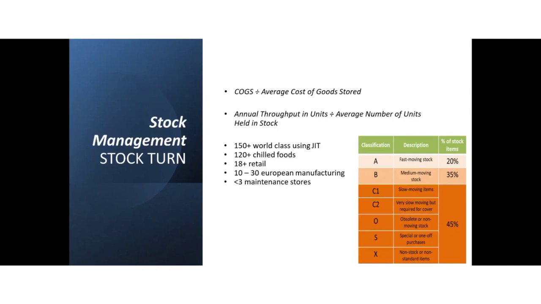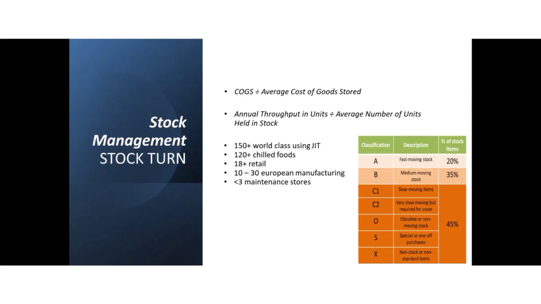For example, an annual throughput of 1.2 million units with an average stock holding of 100,000 units gives us a total of 1.2 million divided by 100,000, which is 12. That is, the stock turns over once per month, or 12 divided by 12 months in a year.